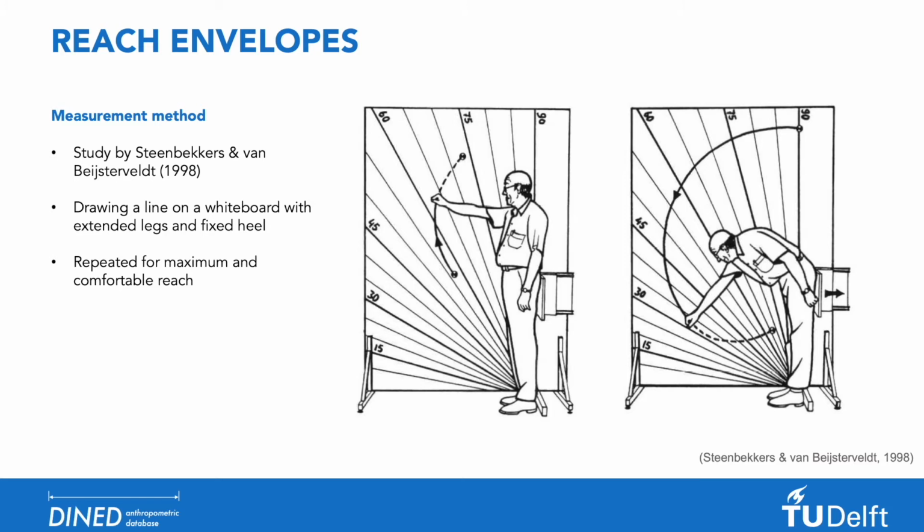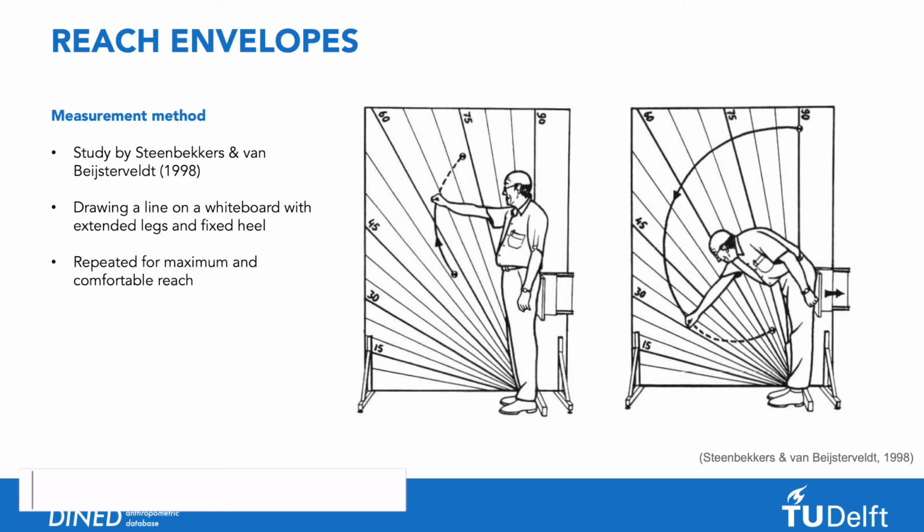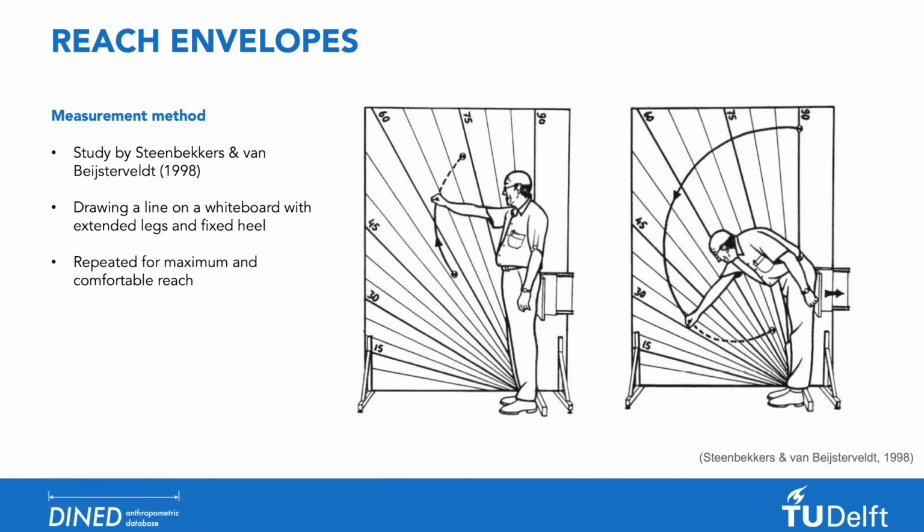This tool is based on a dataset of 750 participants, which you can access yourself via data.4tu.nl. Search for Van Bijsterveld. In this study, participants were asked to draw a line on a whiteboard using a felt tip pen. Participants had their heels fixed and weren't allowed to bend their knees or tiptoe.